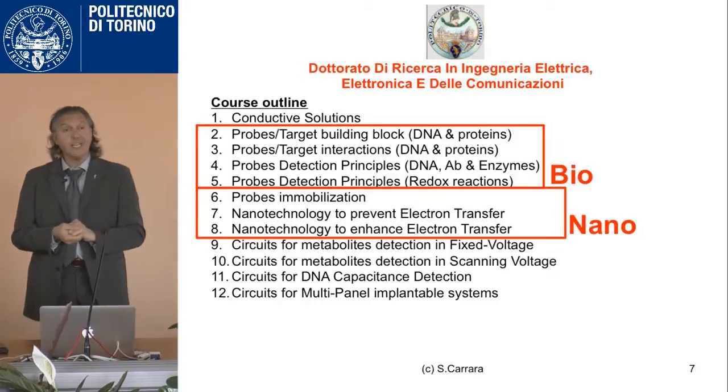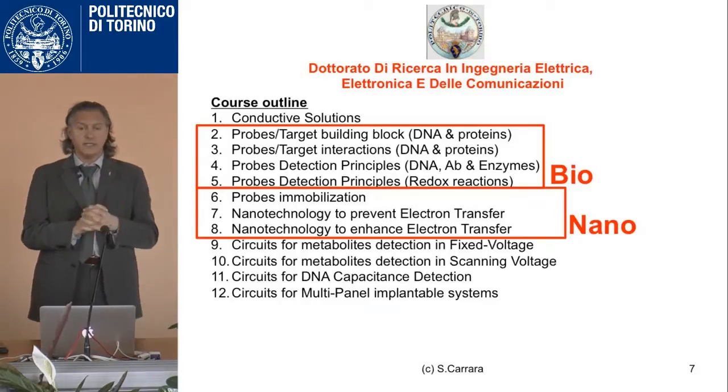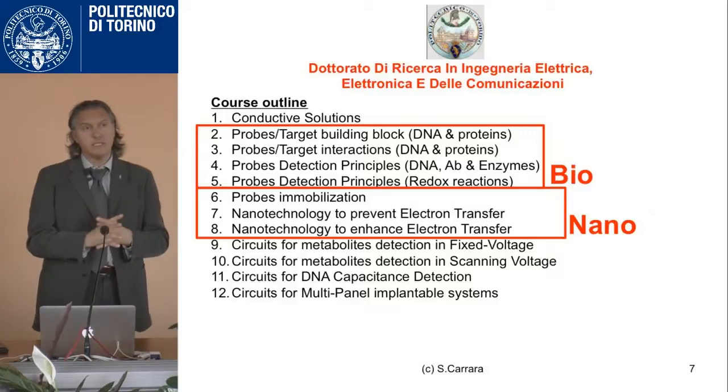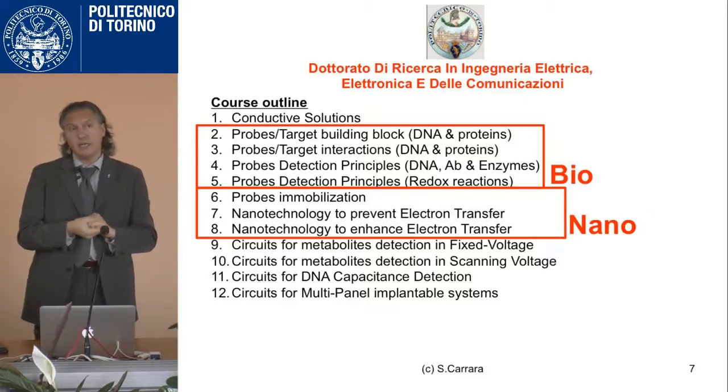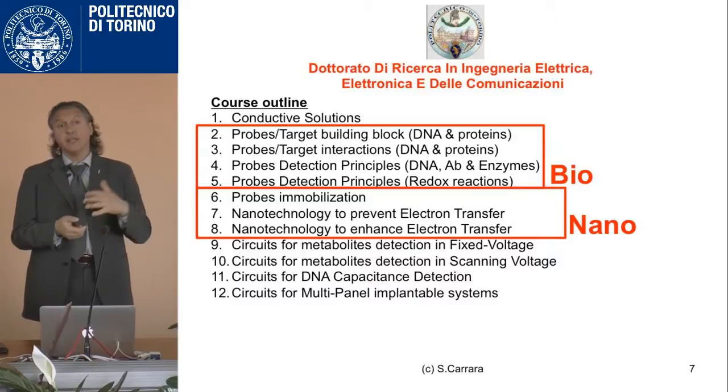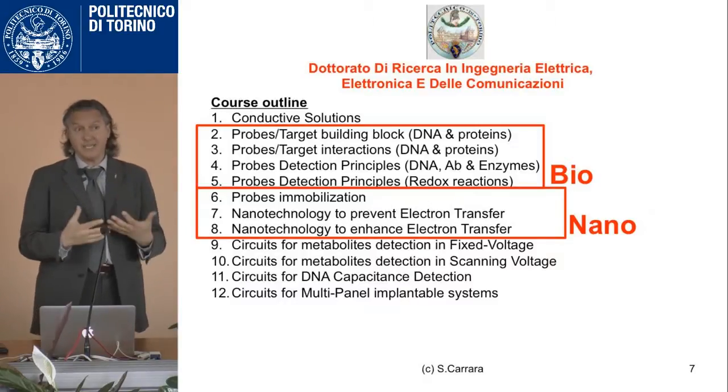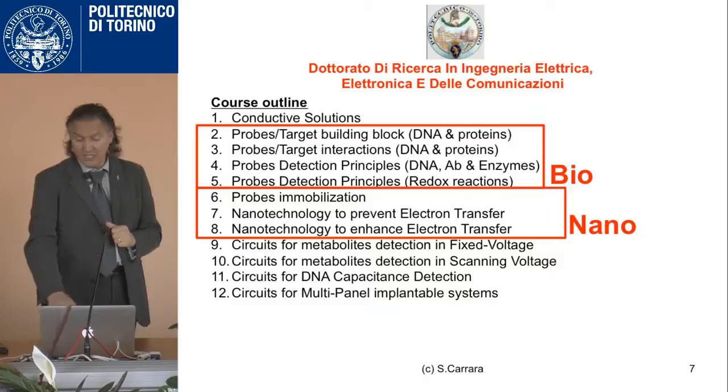Then we will have 3 lectures mainly dedicated to how to immobilize these molecules in our electrochemical interfaces, and how to let them play at best in order to provide the best possible signals.